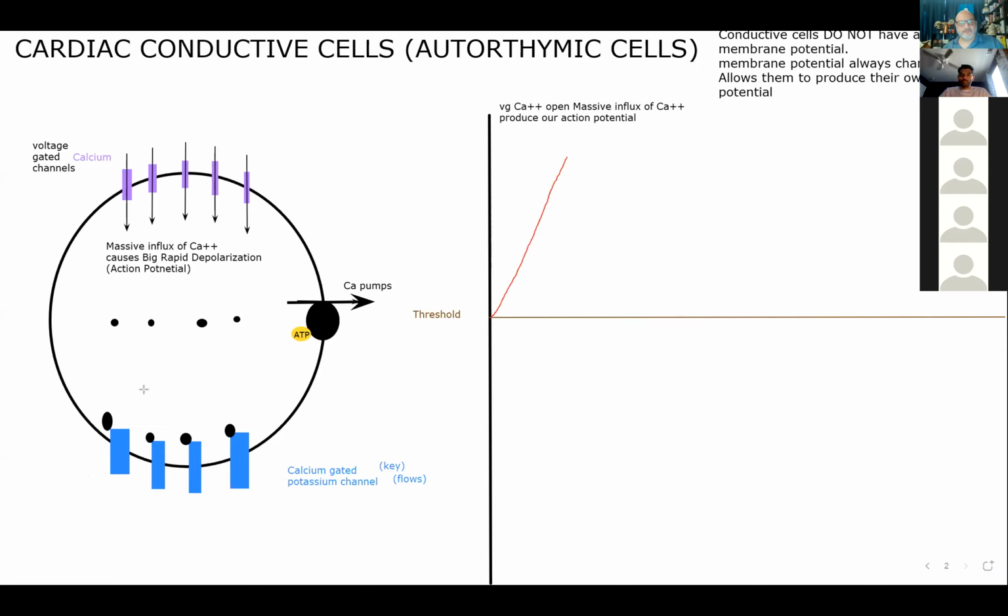It opens them so the potassium can come in. Is potassium going to come in? No, it's going to rush out. Absolutely. So when these open up, we get a massive efflux of potassium.